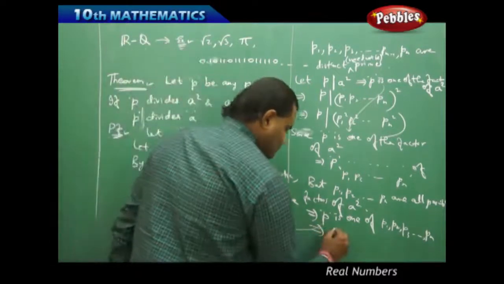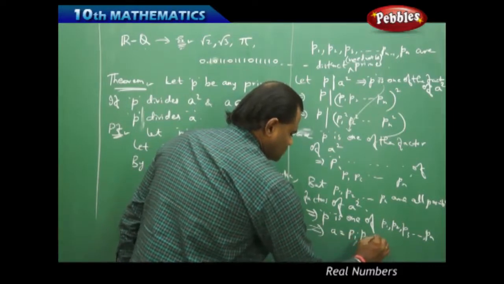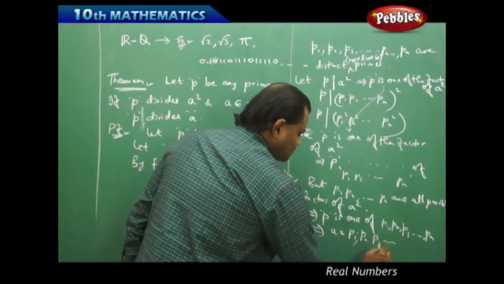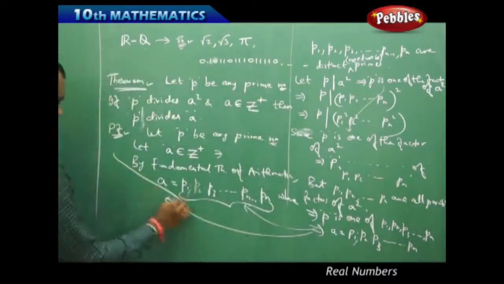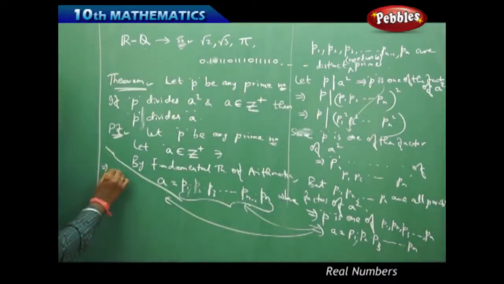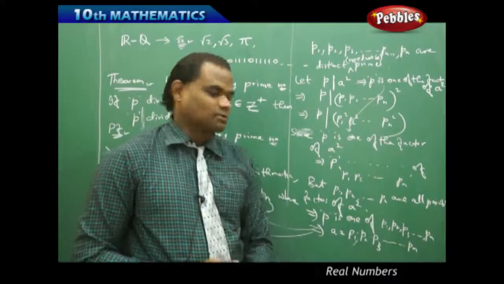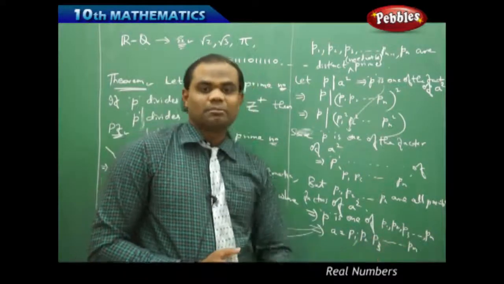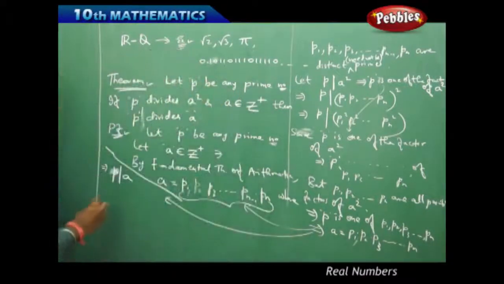So p is one of these. That implies a equals p1 times p2 times p3 so on till pn, and p clearly divides a, because p is one of p1, p2, p3. It must lie somewhere between p1 and pn, and therefore p divides a.